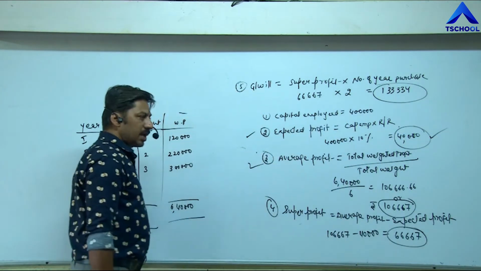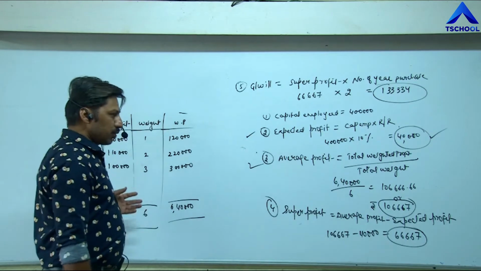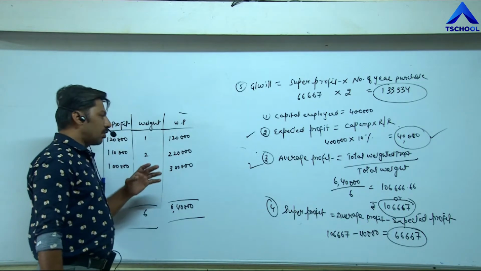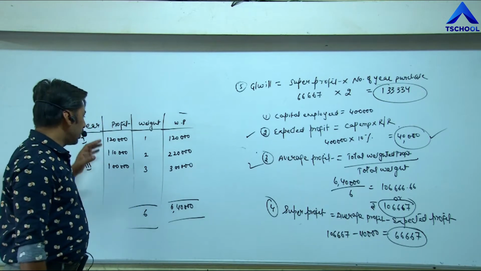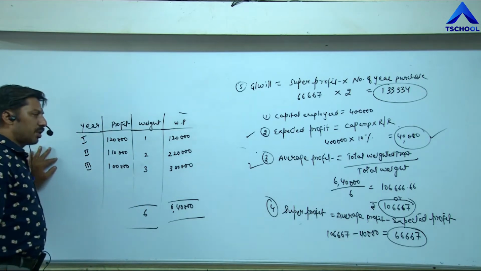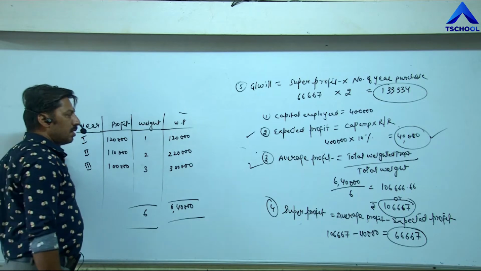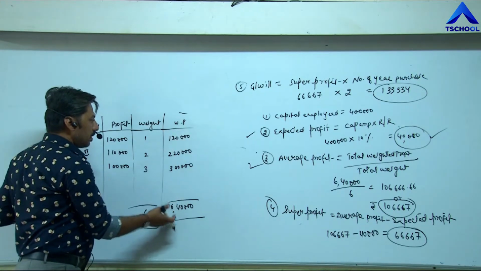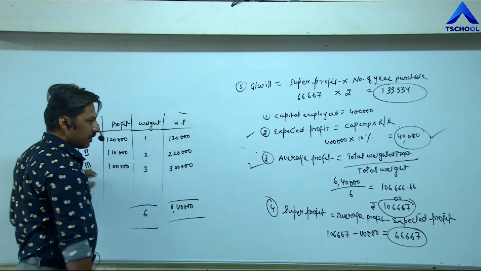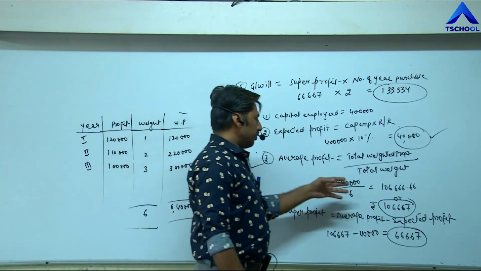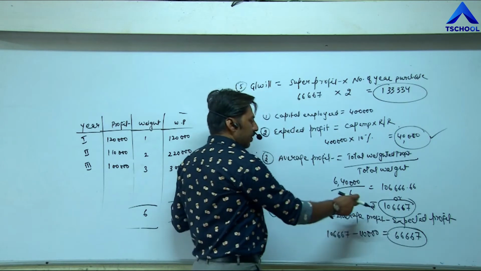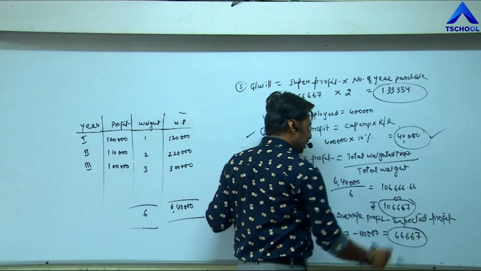Then we have to calculate average profit. In this question profit is given in decreasing order, or it is showing decreasing trend. That's why we have to apply weighted average profit method. According to that, we have calculated total weighted profit and total weight, and on that basis we have got weighted average profit 1,06,667.